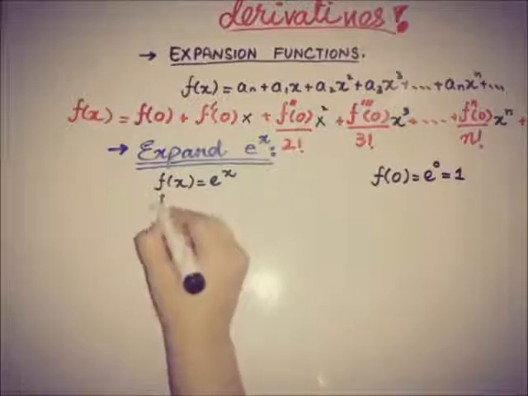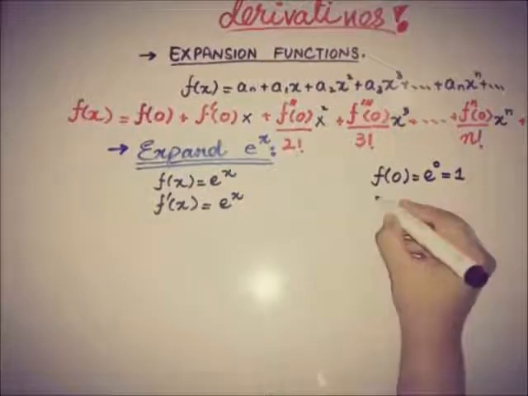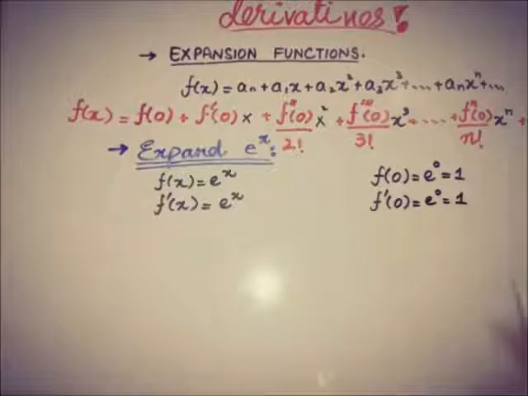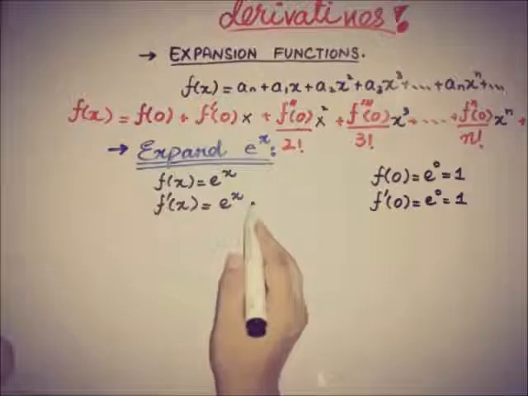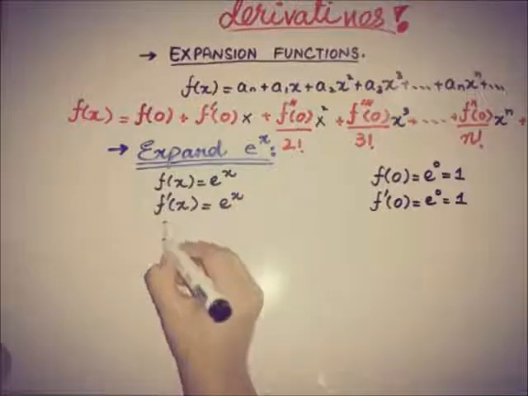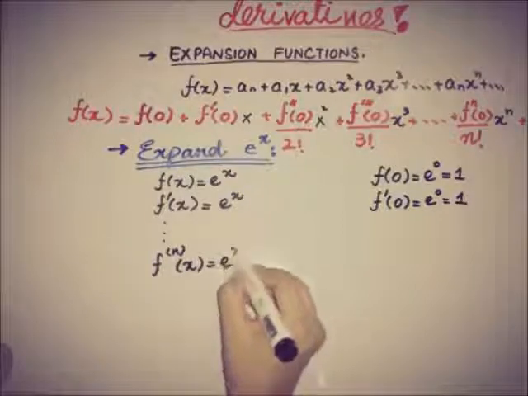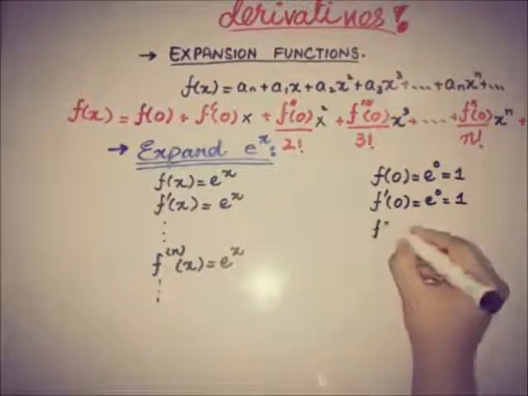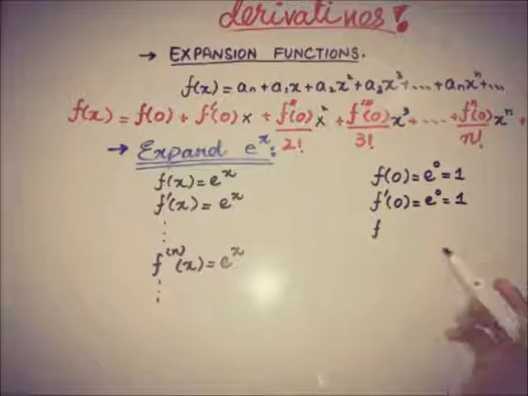Then the first derivative of this function is e to the power x, and the first derivative at 0 is again 1. Because all of the derivatives of the exponential function are e to the power x, the nth derivative is also e to the power x, and so on, which means that the values of the derivatives of the function at 0 will also be 1.